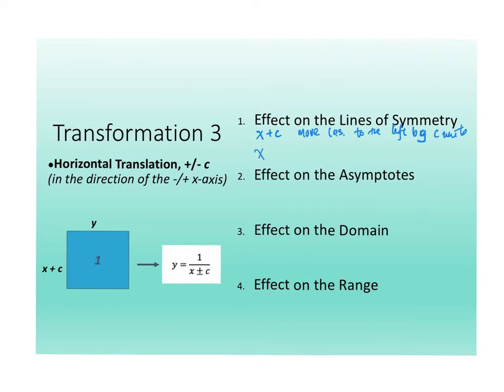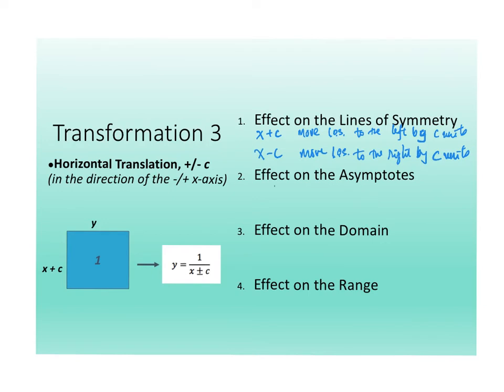Alright, if it is x minus c, you move the line of symmetry to the right by c units. Okay, effect on the asymptotes.